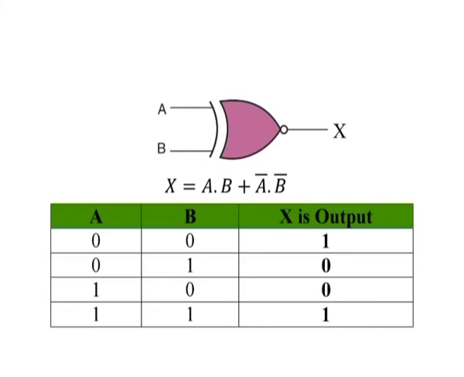The figure here shows its circuit symbol along with its truth table. The truth table of an XNOR gate is obtained from the truth table of an XOR gate by complementing the output entries. Logically, X equals A dot B plus A bar dot B bar.